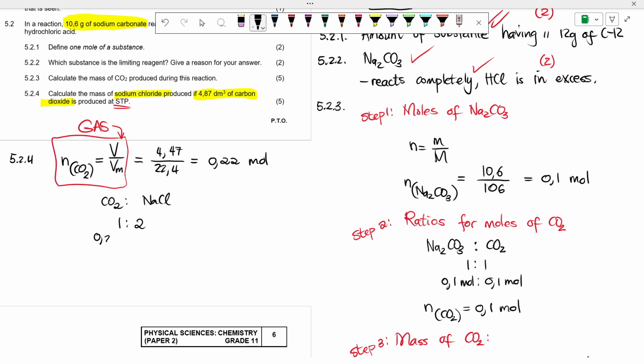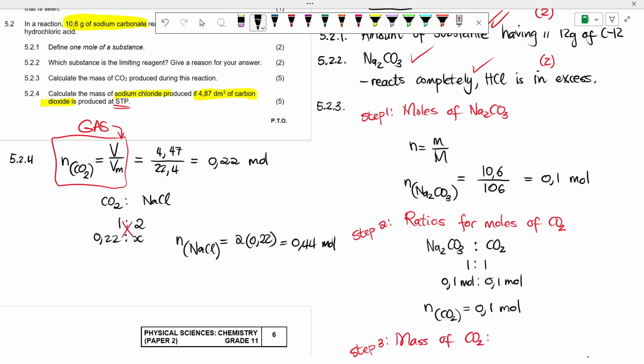So if I have 0,22 here, I'm gonna have 2 times that, or I'm just gonna put this as x, cross multiply. Then I'll see that my x becomes, and then at this point I'm just gonna write it as number of moles of NaCl is 2 times 0,22, which gives us what? Is it 0,44?